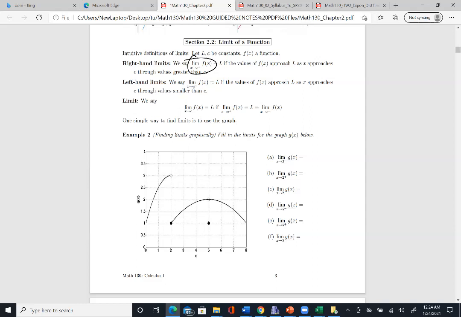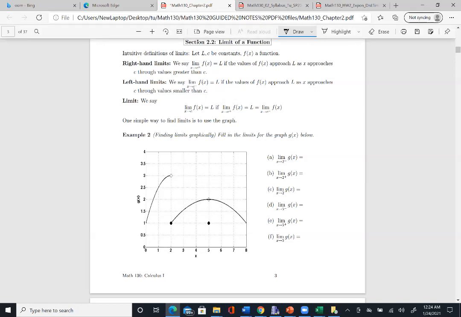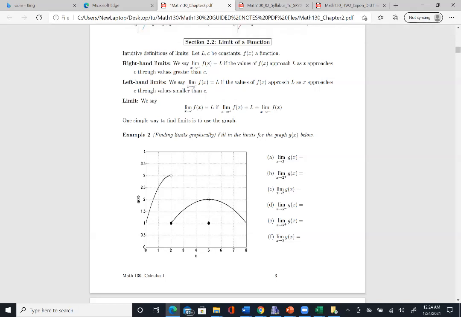Let's say the value equals L if the value of f(x) approaches L as x approaches c through values greater than c. So I also have example 2 here.